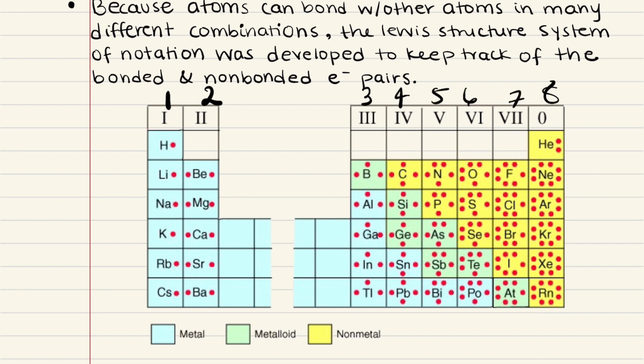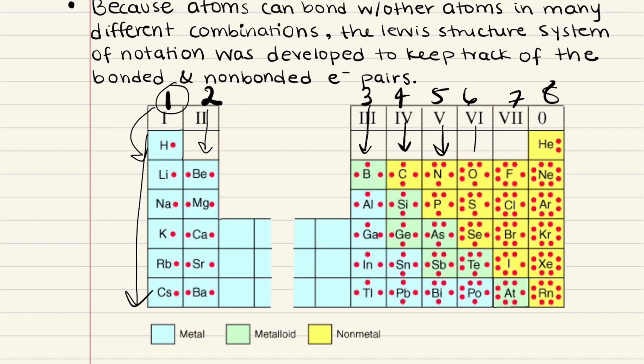And these numbers tell us how many valence electrons the atoms in that group are going to have. So 1 valence electron here for group 1, 2 valence electrons for group 2. Here is where we start 3 when we're ignoring the transition metals. So these elements in this group have 3 valence electrons. These have 4, these have 5, so on and so forth.